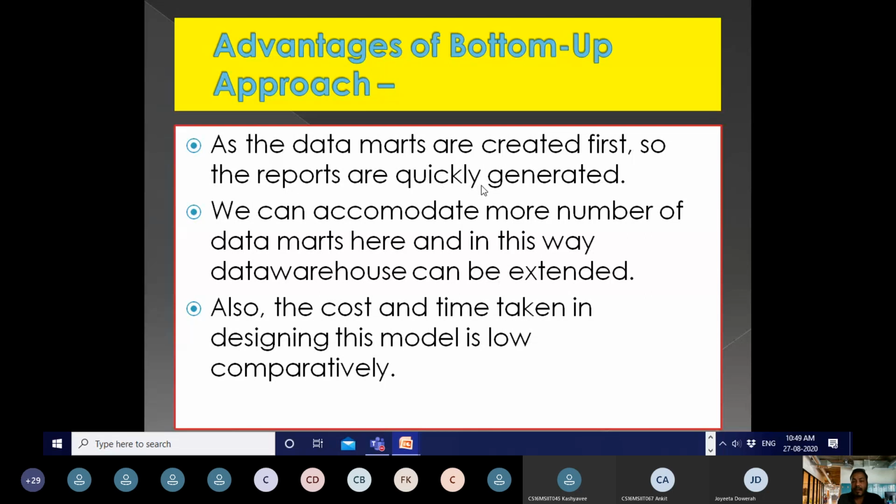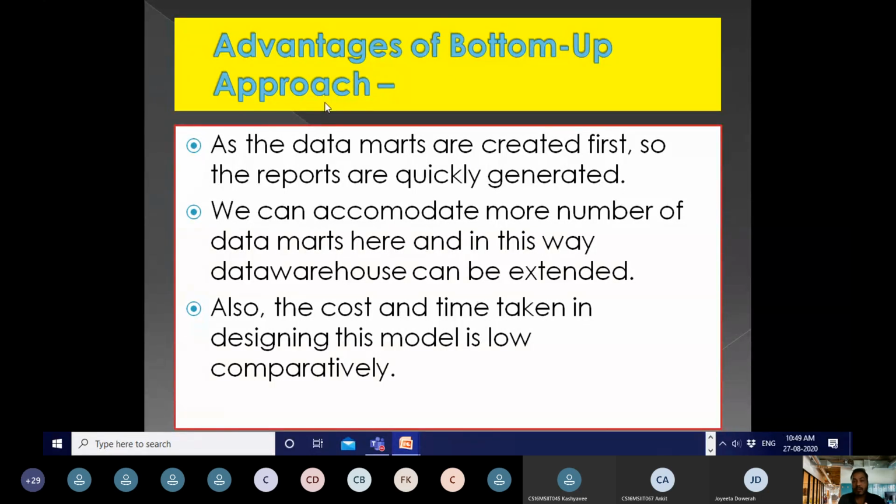Data marts can address every single business area, right? So we can generate the reports quickly. Then we can accommodate more data marts here, and in this way the data warehouse can be extended. Then the cost and the time taken in this model is low because we already have the data marts organized. We are now integrating them into the data warehouse. So comparatively, this bottom-up approach consumes less time than the top-down approach. Okay, these are the advantages.